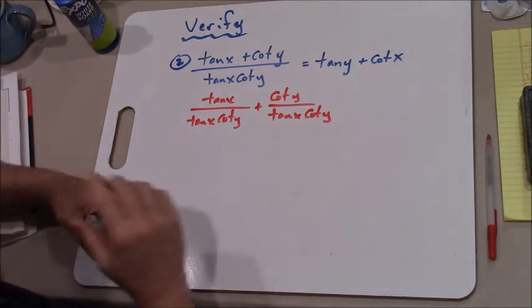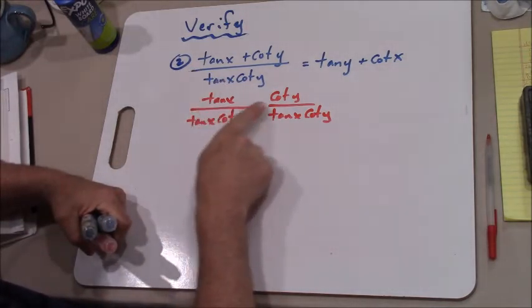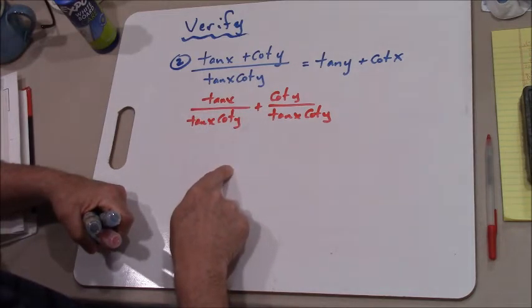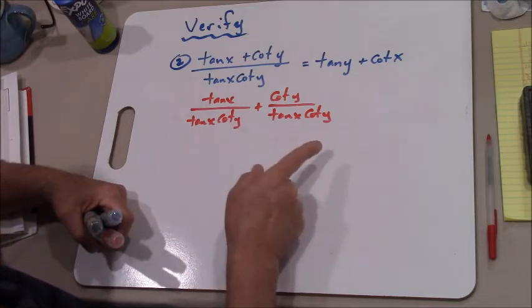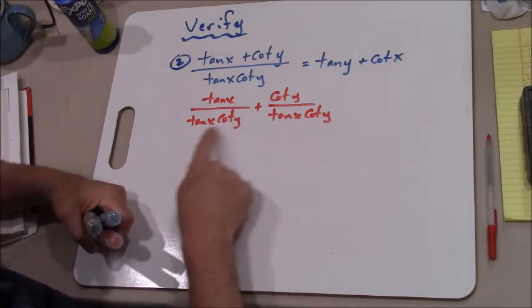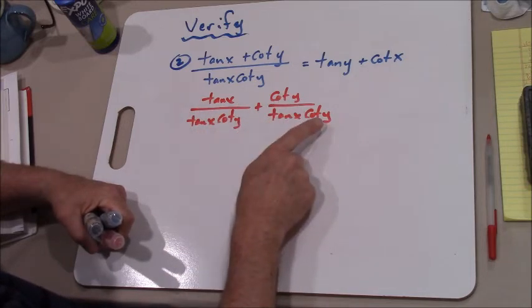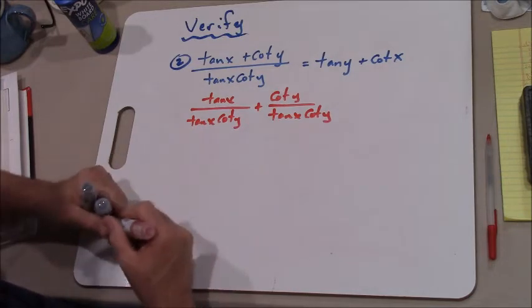Normally when I do these, if I want to divide this up into two terms, I'm also trying to think about what the next step would look like. I don't think I thought about that this time, but had I, I would have realized this is a good way to go because I'm going to be able to cancel some things here. Being able to think a step ahead is a good thing.